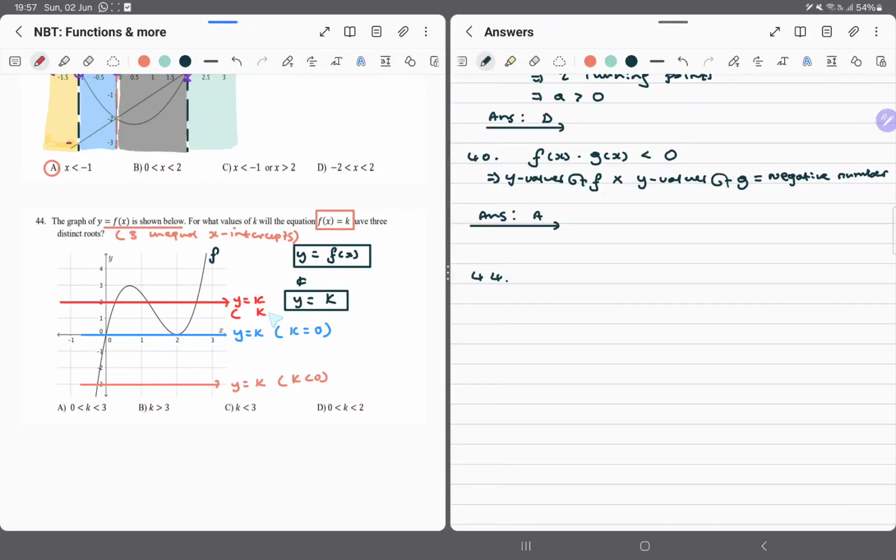This is where k is less than 3 but greater than 0, because it's in between the maximum and minimum. And then we can draw another one right through the maximum. So this is the line y equals k. This is when k is equal to 3, right at that maximum.